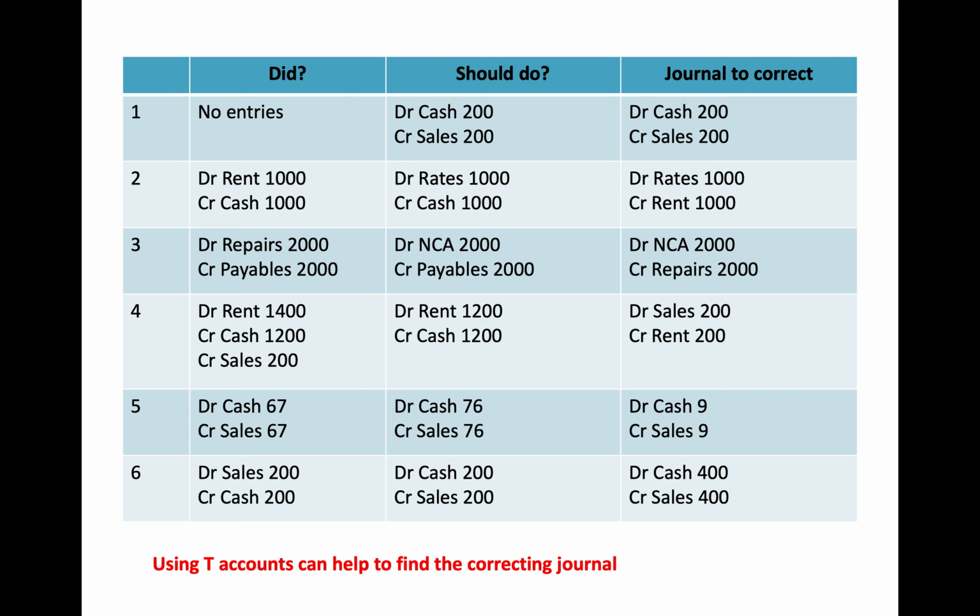The debits equal the credits, however there is an error, and therefore what we need to do to correct is reverse that sales posting by debiting sales by 200 and crediting rent by 200, and this would come up to 1200 rent expense. The cash entry is correct and therefore we don't have to do anything for that.